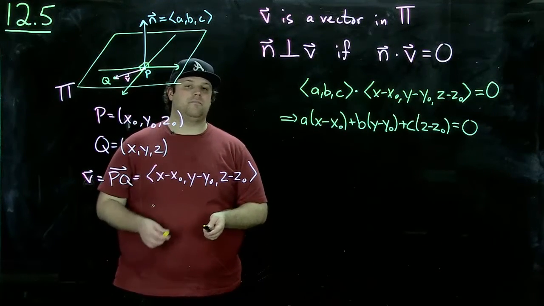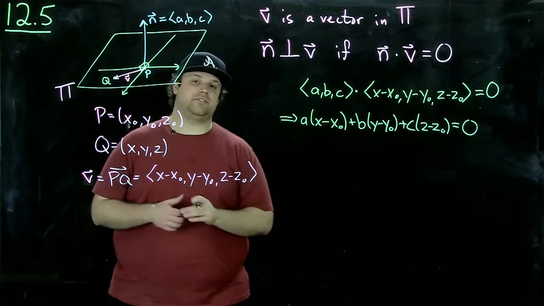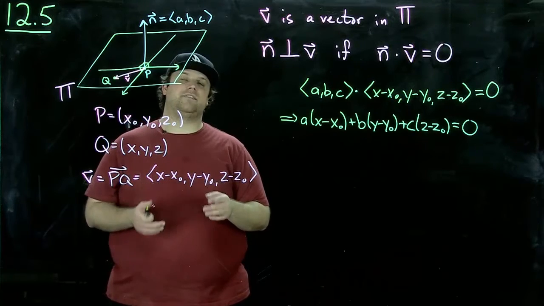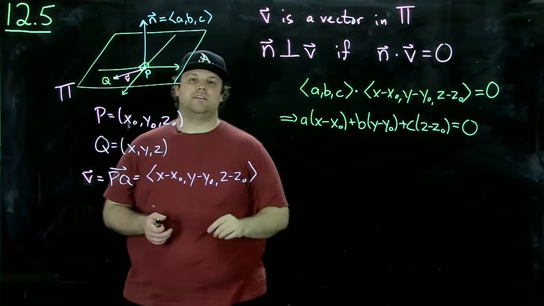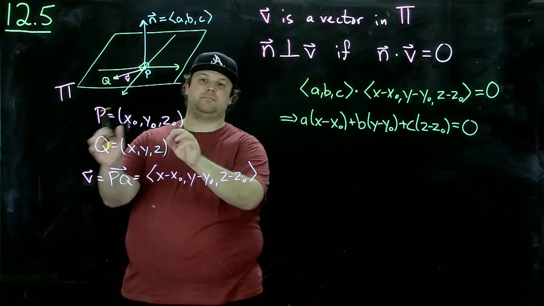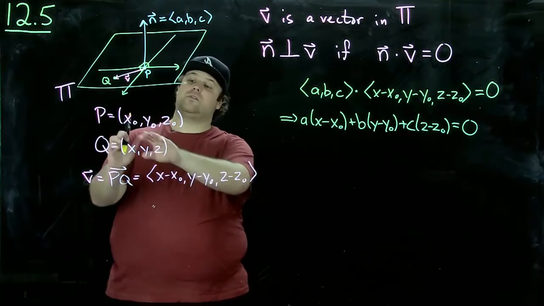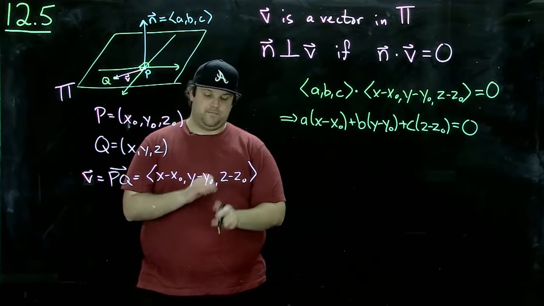Right? So that's another equation for the plane. And notice it's given in terms of this vector n in front, and then the x, y, and z just have the coordinates of the point P subtracted from them.